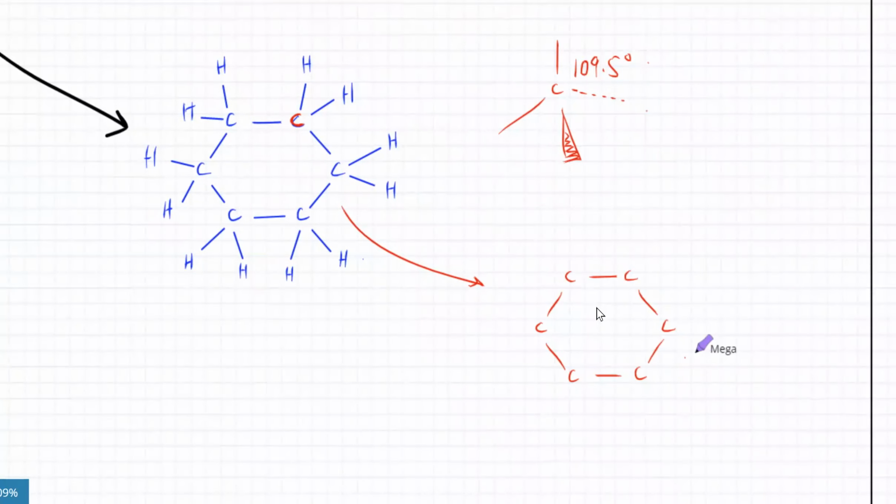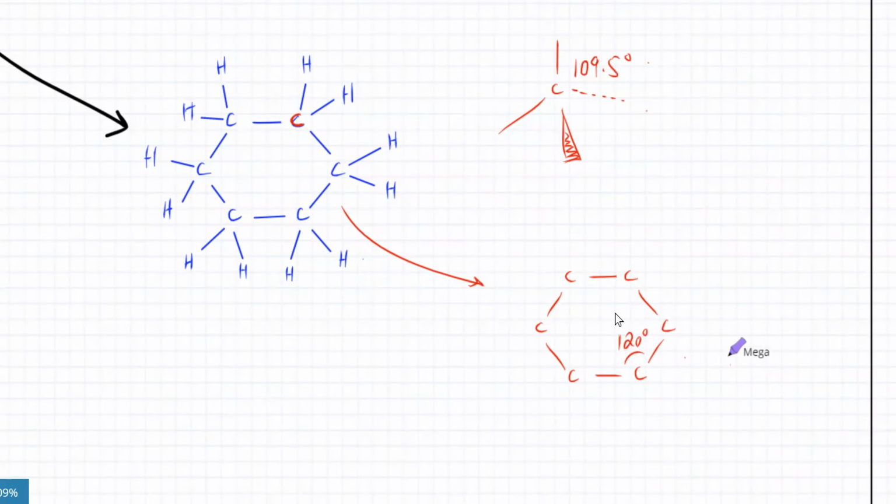If all the carbon atoms were lying completely flat on this board, just like it appears to you at the moment, it's a regular hexagon, and a regular hexagon has an angle of 120 degrees.